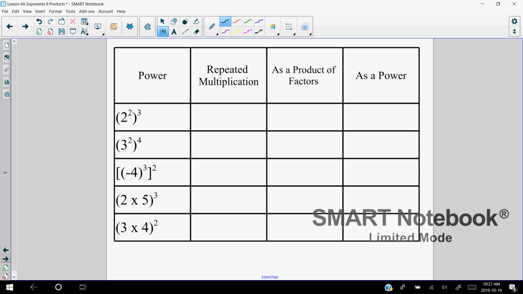Okay, 2 to the power of 2, all to the power of 3. So what that means is I'm taking my base, which in this case is 2 to the power of 2, and I'm multiplying it by itself 3 times.